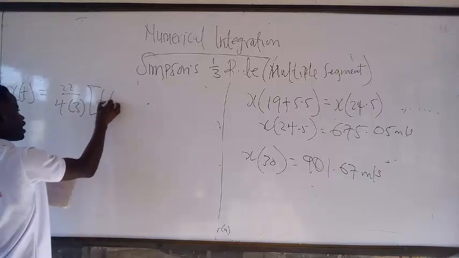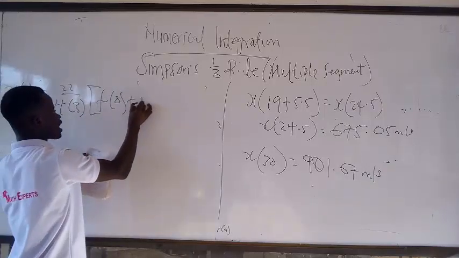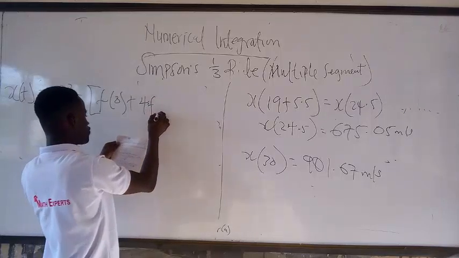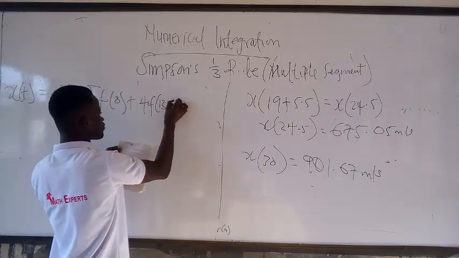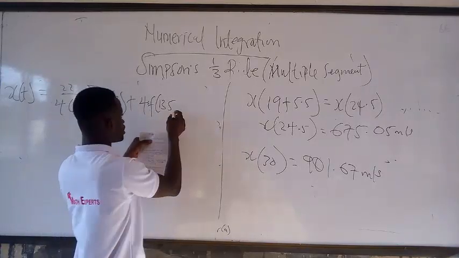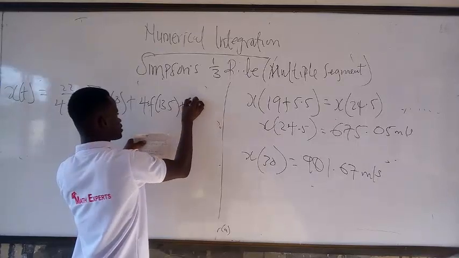That would be f of 8 plus 4 f of 13.3. We can make it f plus 4.